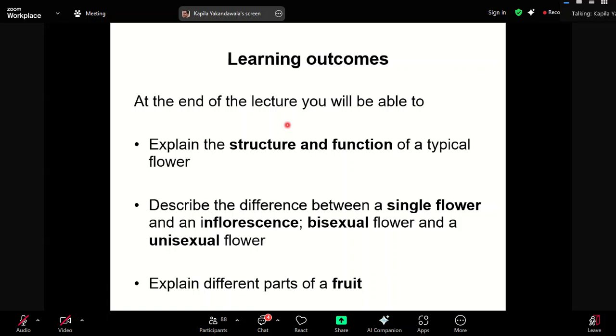So at the end of the lecture, you should be able to explain the structure and function of a flower, then the difference between a single flower and inflorescence, then bisexual and unisexual flowers, and about fruits, right?